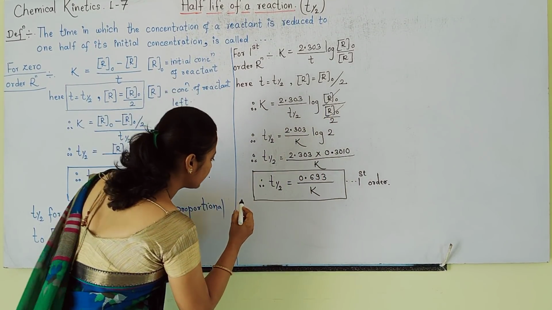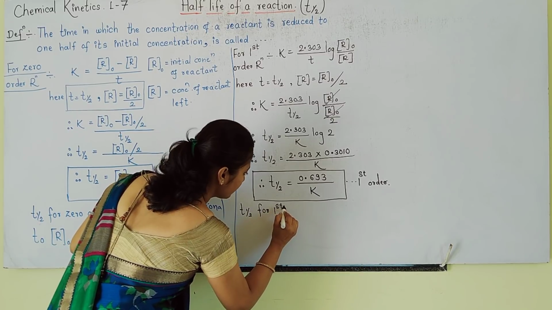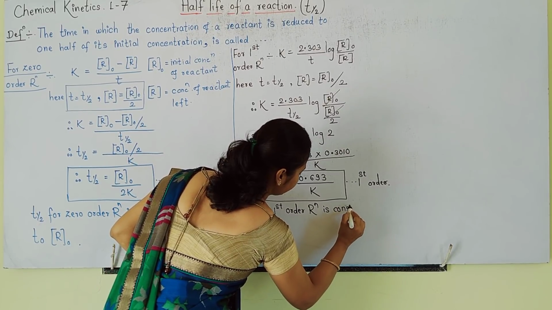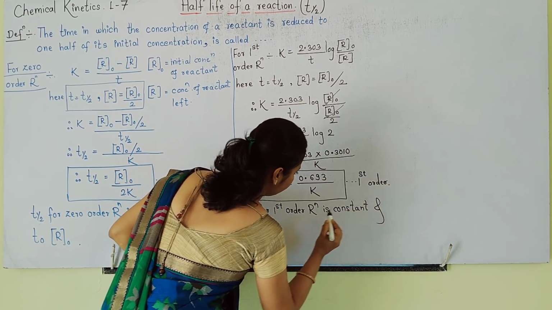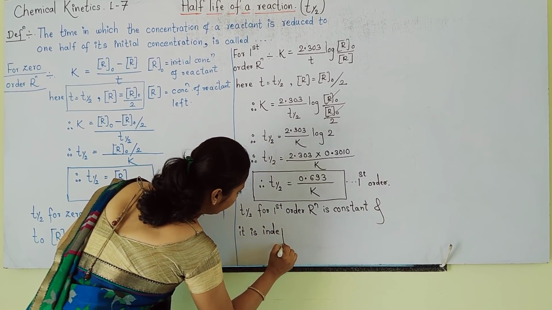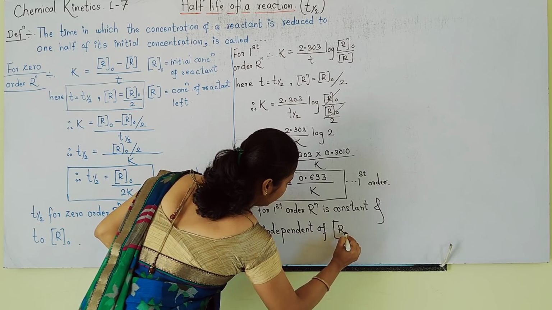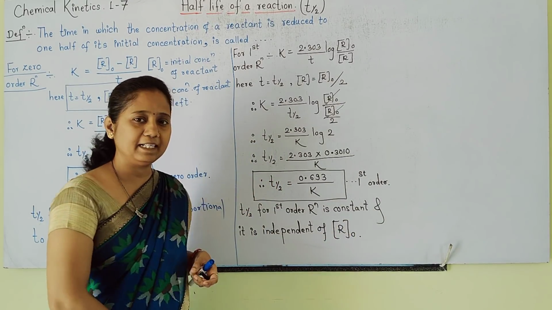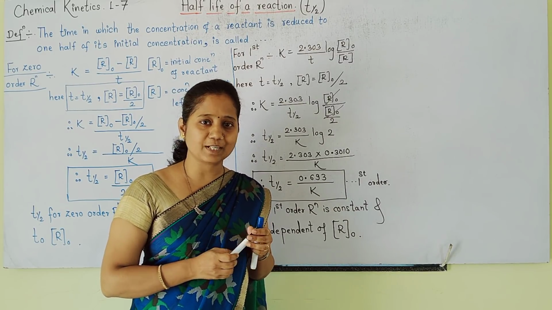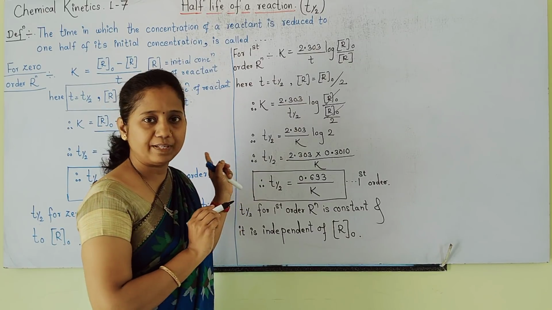So the conclusion becomes: the half-life of a first order reaction is constant and it is independent of the initial concentration of reactant, because the initial concentration R naught is already cancelled. Understood, students? Derivation, see properly. Note down both questions, very important.